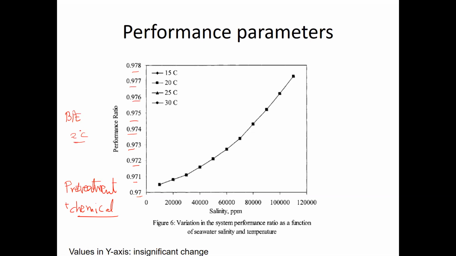We have pre-treatment because as long as we are using metal surfaces, we have to make sure that our surfaces are protected. There are two ways to do cleaning for the surface. If I'm talking about the inside surface of the tubes, there is a common cleaning process called ball cleaning.